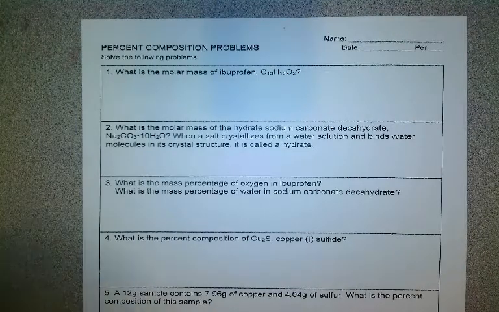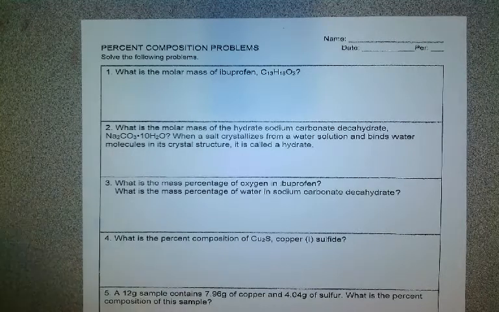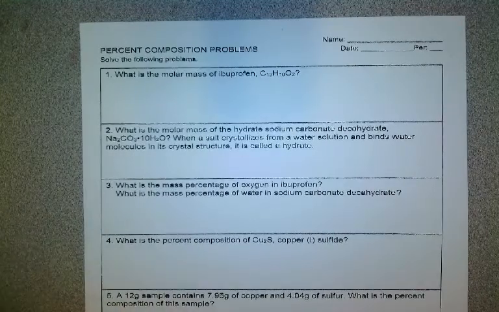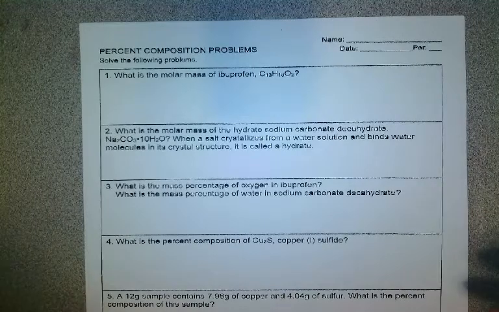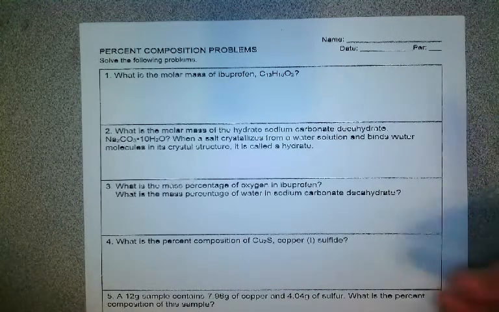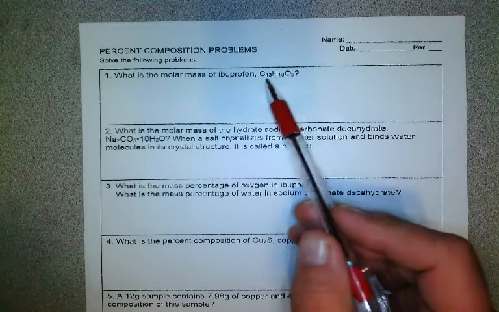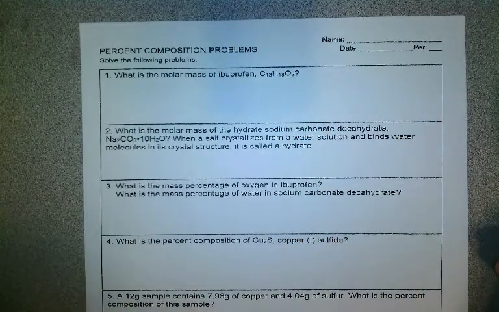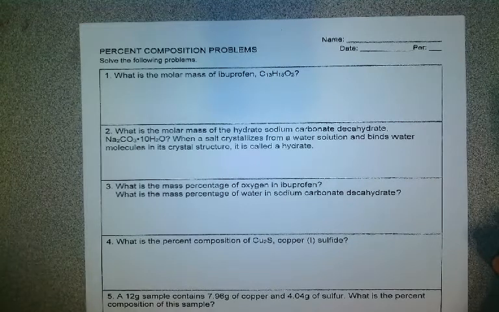We're now going to look at percent composition for compounds. We have already talked before about how the subscripts, the numbers after the elements, represent how many atoms of that particular element are in the compound.